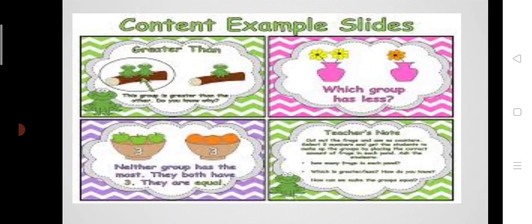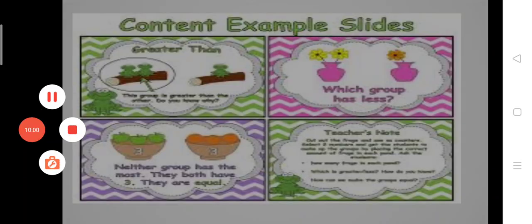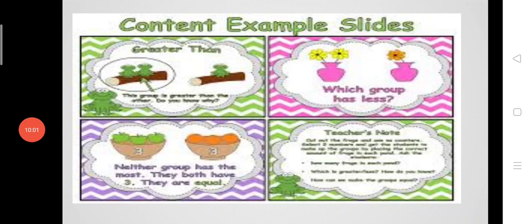Next is the same example as the previous chapter. Greater than. Birds are sitting on the tree. In the first picture, 2 birds are sitting. In the second, 1 bird is sitting on a tree. So Rajay, in the first picture, 2 birds are greater than 1 bird.